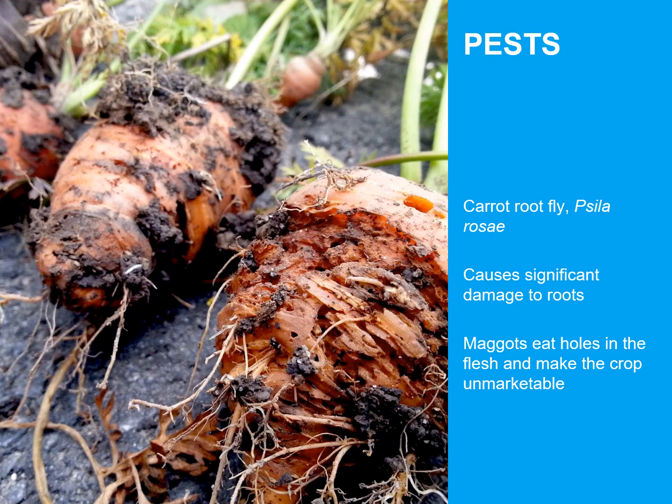This causes significant damage to the roots, and you can see here that the maggots of this fly burrow their way through the roots, causing these holes and lesions on the surface of the carrots. This is a particularly badly affected crop. It might not always be as bad as this in some fields, but it can be quite devastating, and obviously this can potentially wipe out entire crops because the roots become inedible.